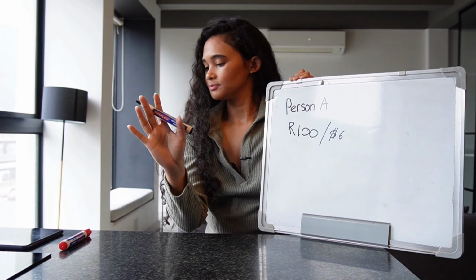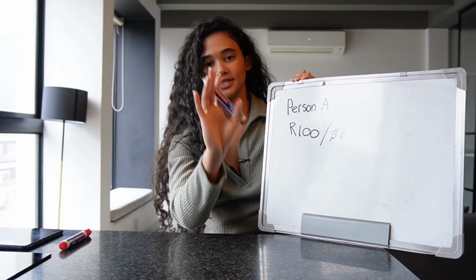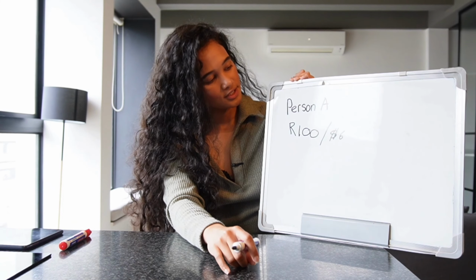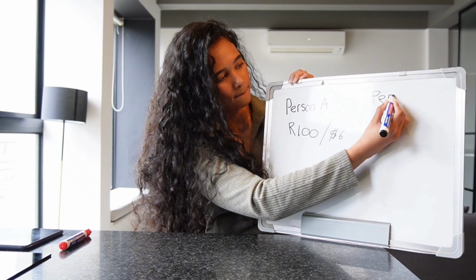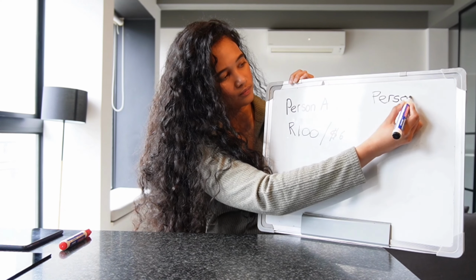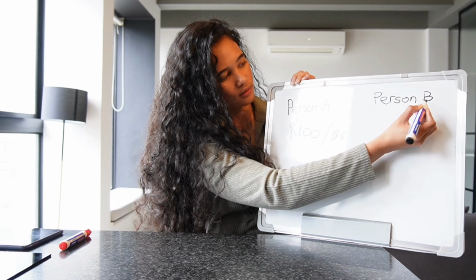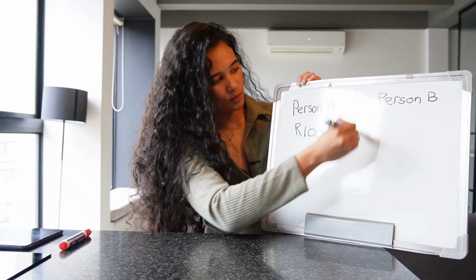So we go from that and we test it on the broker. Let's just see for now. Let's do person B over here. There we go. Okay, so person B. So we'll get to that one in a second.